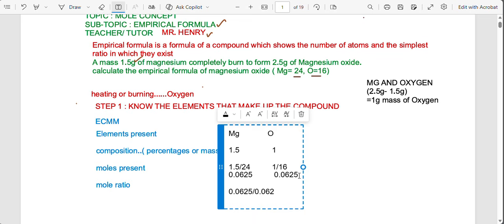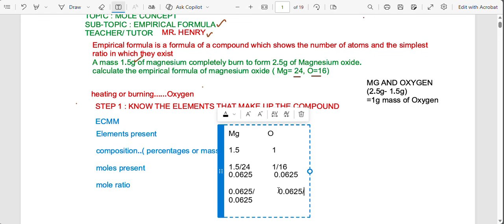we say 0.0625 divided by 0.0625. We do the same in the space of oxygen. Let me put this down not to confuse. Okay, we do the same in the space of oxygen.